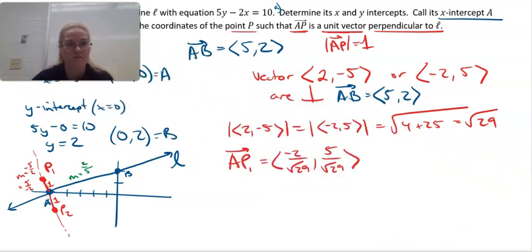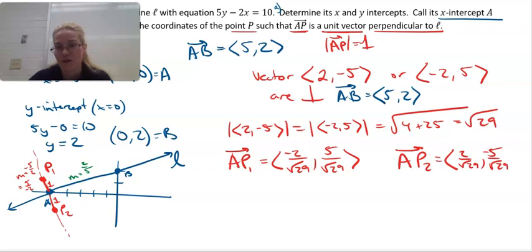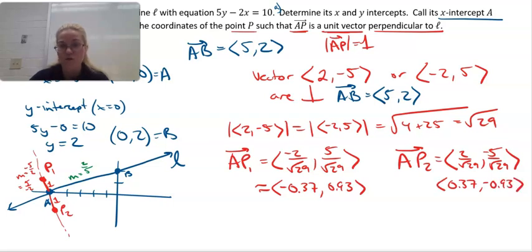And then AP2 would be right here. I'm going positively, so that would be 2 over the square root of 29 and -5 over the square root of 29. So as decimals, those are roughly -0.37, 0.93, and 0.37, -0.93. So those are the vectors.